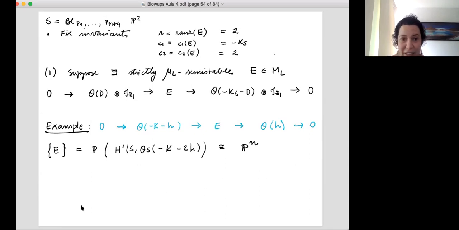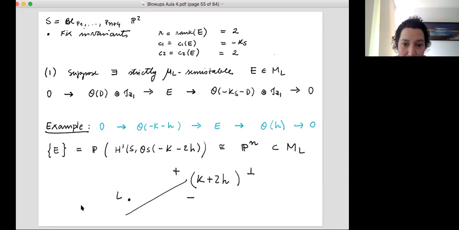So in this case, what we see is that if you take an L on the positive side of this hyperplane, then you get this P^n as a moduli space contained in the moduli space of stable, in this case, locally free sheaves. In this case, because the subschemes Z1 and Z2 were empty, this is really a vector bundle of rank 2. There's no torsion.